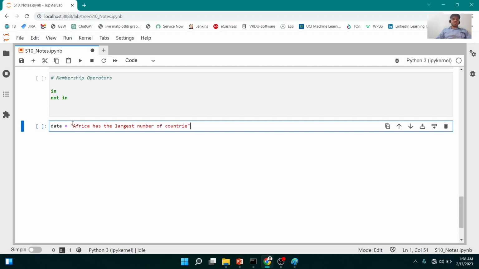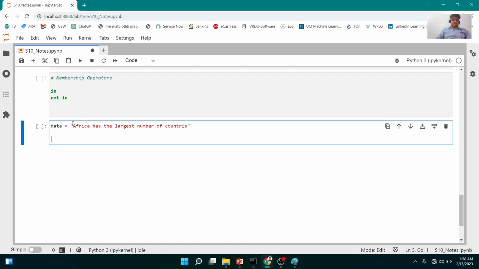I'm not really sure about this example if it's correct, but let's see. If you see here, I have a larger data, which is Africa has the largest number of countries, stored as data, and then there is a substring, a smaller word, stored here, right?